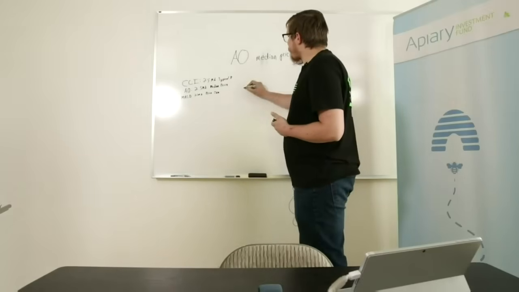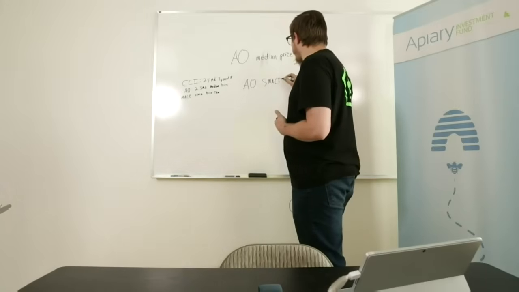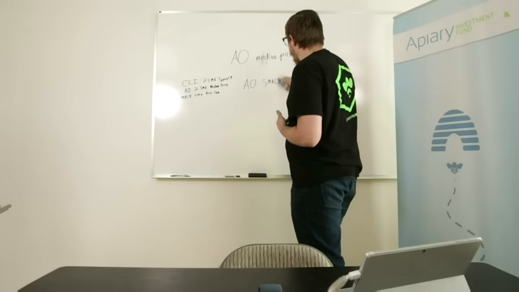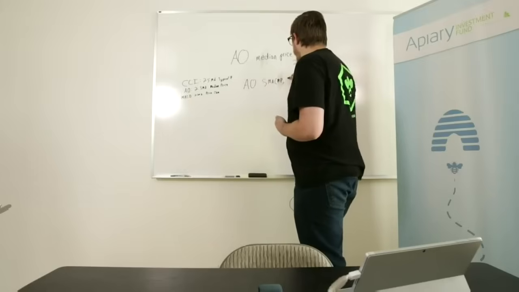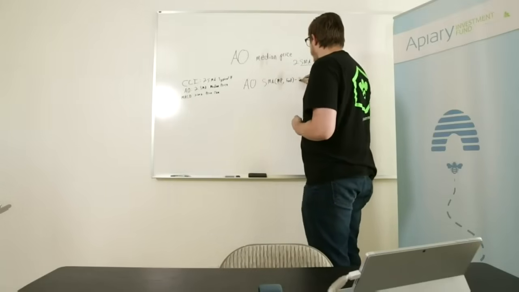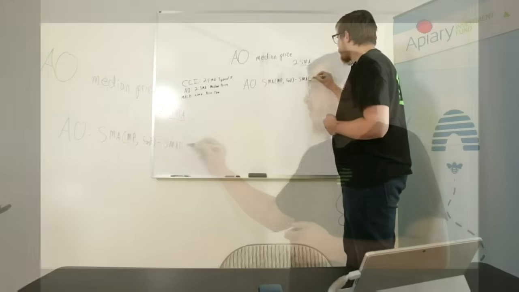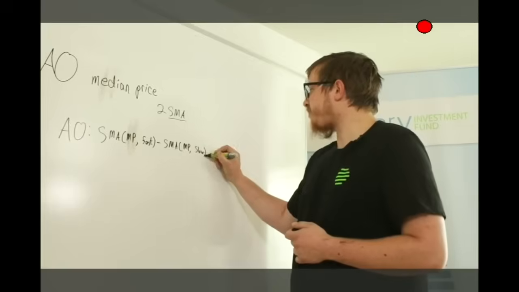The Awesome Oscillator takes a simple moving average off of not typical price, that's CCI, but off of the median price for a fast period, and then subtracts that from a simple moving average off of the median price for a slow period.